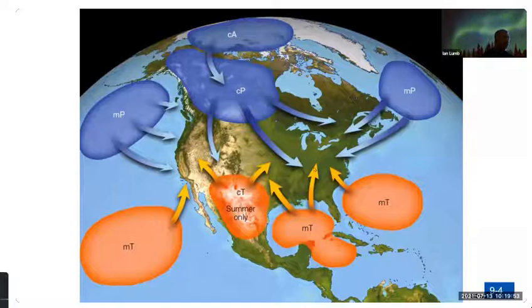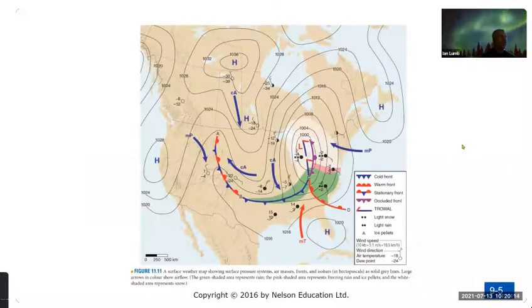The advancement of the cold air would be represented by what is called a cold front. So the cold front will give us an indication of how far the cold air has advanced, and then we'll have a warm front for the representation of the advancement of the warm air.